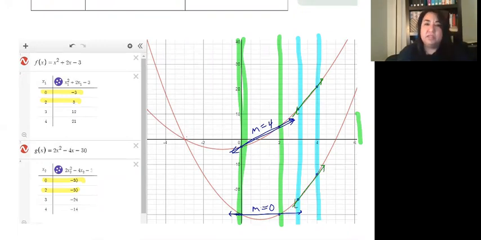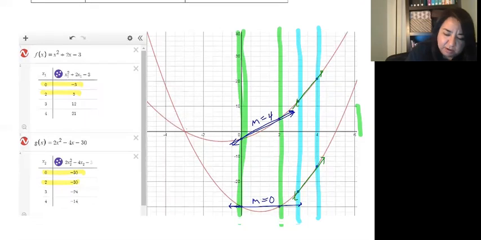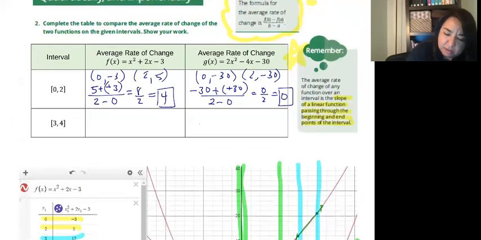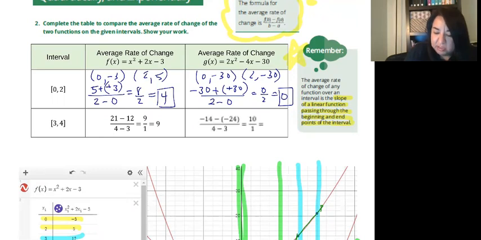This is why we really need the formula to verify that. So I want to make sure that I'm going to grab my coordinates when x is 3 and x is 4 for each function, and I'm going to use the formula. And so when I do that, f of x has an average rate of change of 9, and g of x has an average rate of change of 10. So I can see that g of x actually has a greater rate of change for that particular interval.